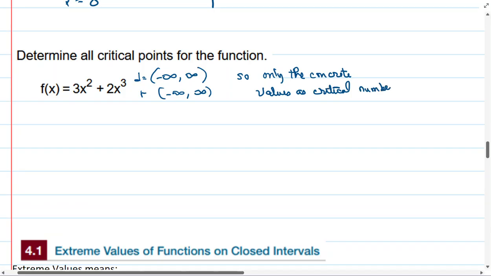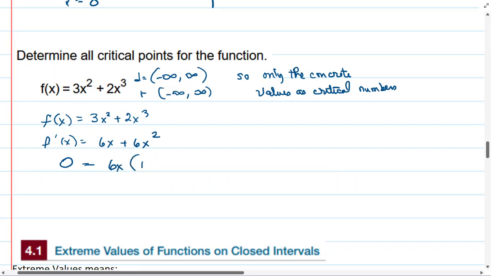All right. So here we go. I'm going to factor out, well, I'm going to go ahead and put 0. 6x. So what do I have? Yes?